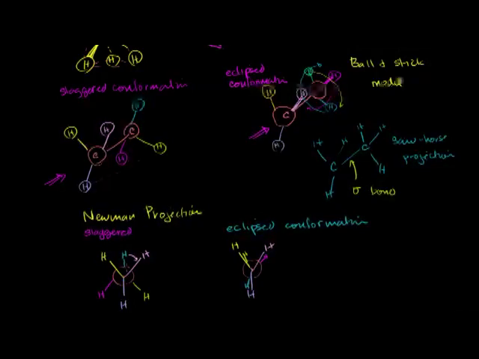But on a Newman projection, when you're just saying how much they are rotated away from each other, this angle right here is called a dihedral angle. Sometimes it's said that this hydrogen relative to that hydrogen has a dihedral angle of, in this case, 60 degrees. In this case, this hydrogen relative to that hydrogen has a dihedral angle of 0 degrees. And it's a way of saying how staggered or how eclipsed you are.